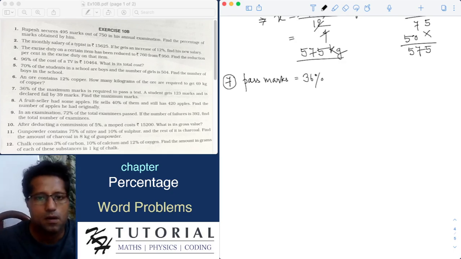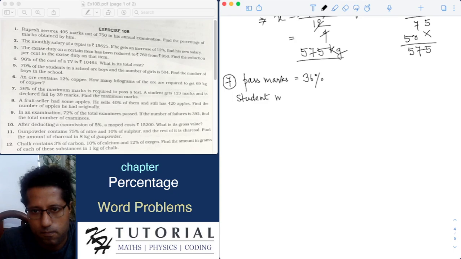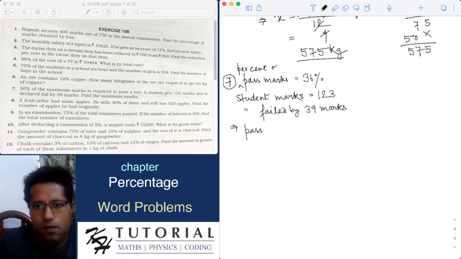Now the other information is the student marks is given to be 123. The student failed by 39 marks. This implies the percent of pass marks.